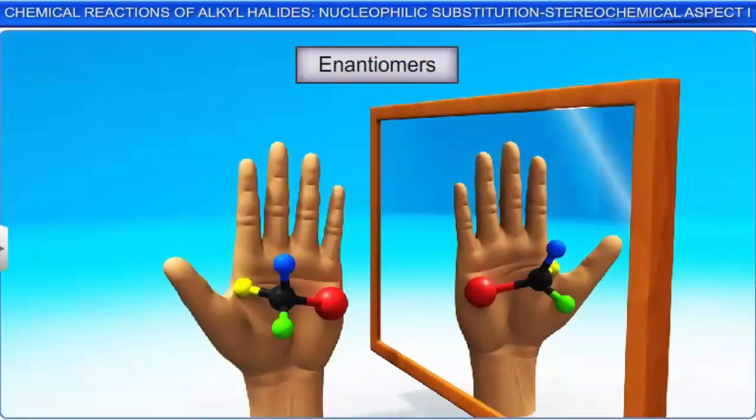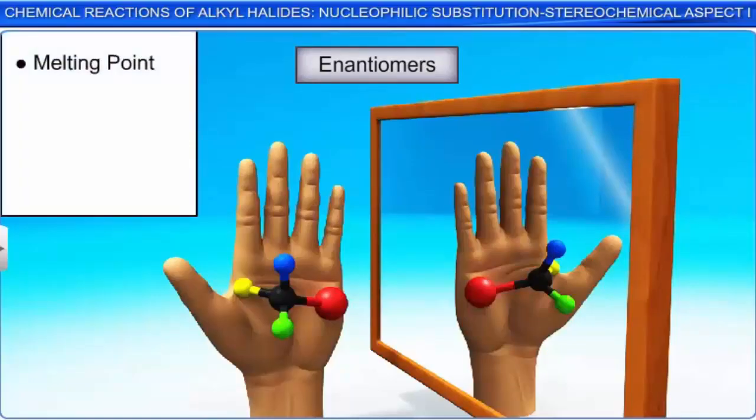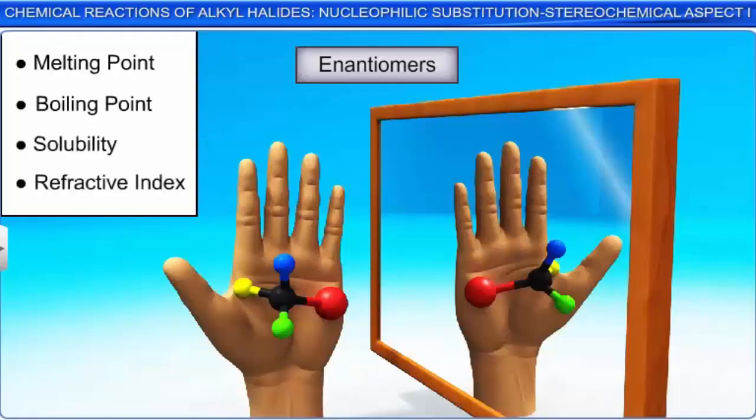Enantiomers possess identical physical properties like melting points, boiling points, solubility, and refractive index. They only differ with respect to the direction of rotation of plane polarized light. They can either be dextrorotatory or levorotatory.